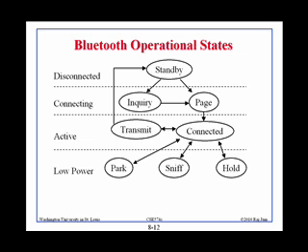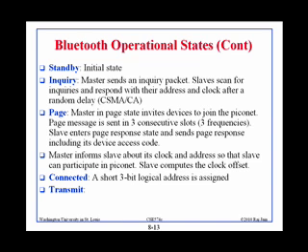From the standby mode, it comes to inquiry and page. In the inquiry mode, the master sends the inquiry packet, and the slaves scan for the inquiries and respond with their address. So basically the master says, does anybody want to join?